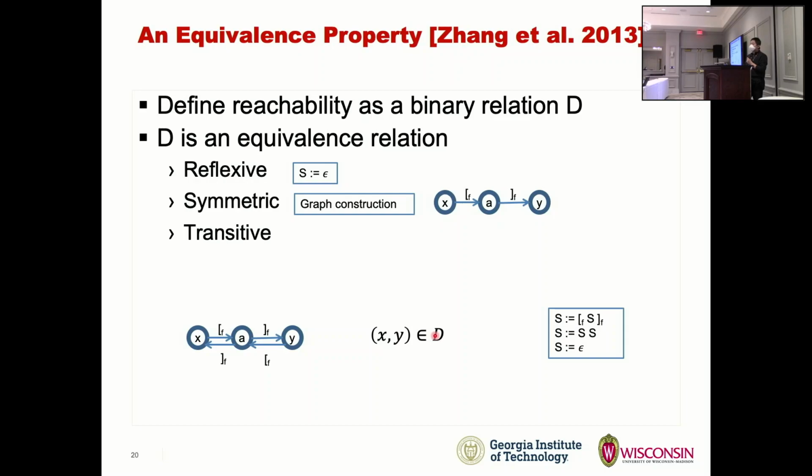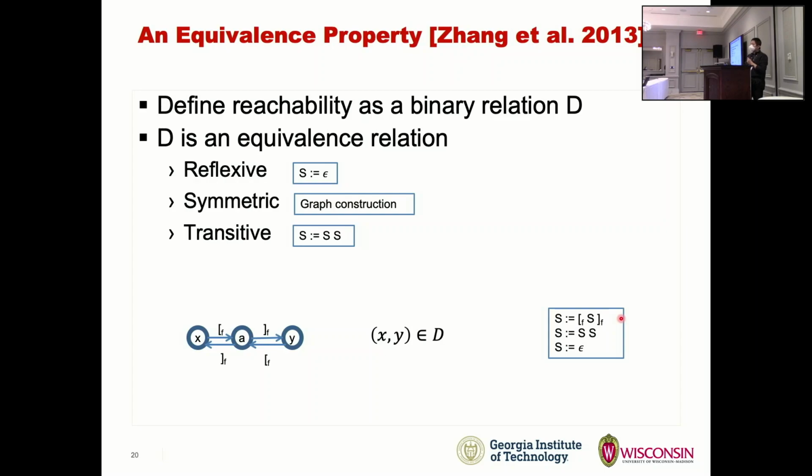Recall that for all edges, we are going to augment the graph by inserting the inverse edges. So if X is Dyck reachable from Y, Y should be Dyck reachable from X as well. Therefore, the relation is symmetric. Finally, it's transitive. That's also obvious because the Dyck grammar essentially contains this transitive rule. By putting together these 3 properties, we can conclude that D is an equivalence class.